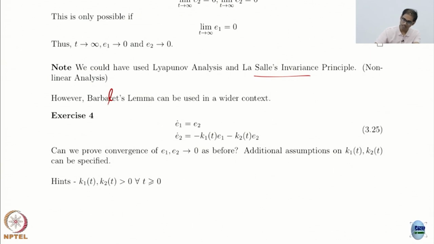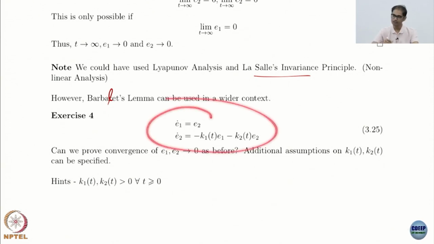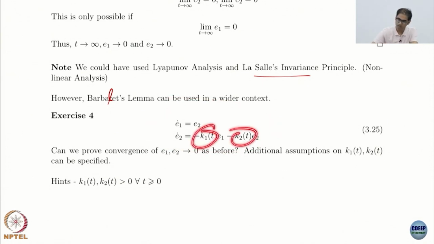So the question is, can you still use Barbalat's lemma to prove it? Actually you can. You just have to make some additional assumptions. Of course I have given a nice hint, the first obvious assumption is that these two have to be strictly positive for all time. Otherwise you can't even construct a proper Lyapunov function. But for these sort of systems, LaSalle invariance also will not work, because I am not saying anything about periodicity.